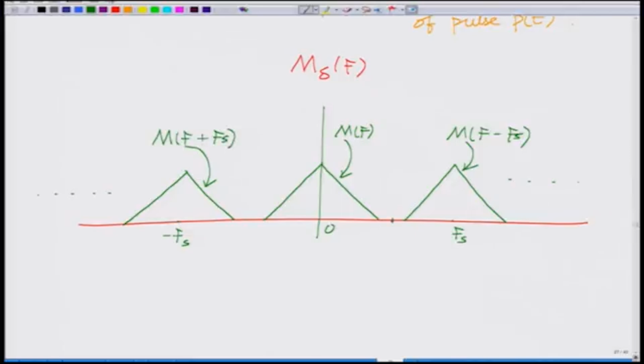Therefore, the condition for avoiding aliasing, or avoiding distortion, remains the same. We are taking the spectrum M delta f and multiplying it by H of f. That does not cause overlapping of the signal copies.